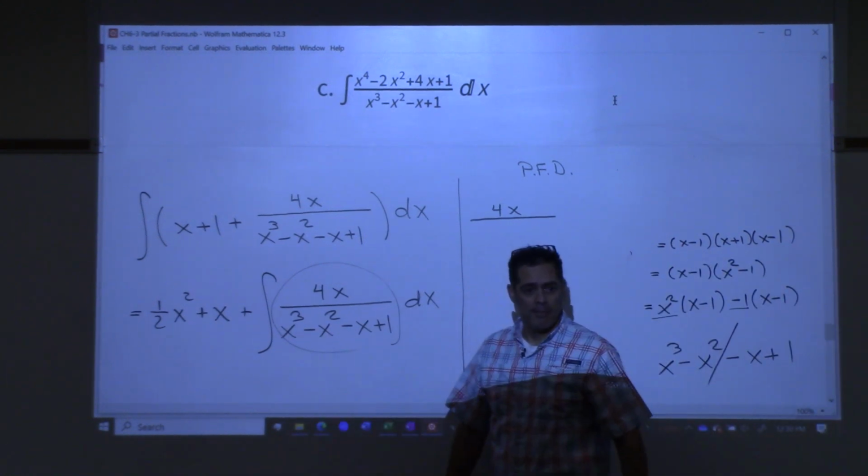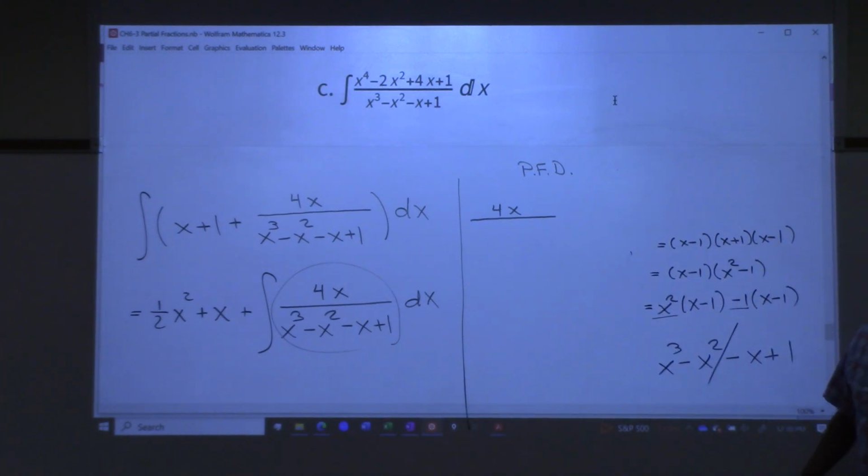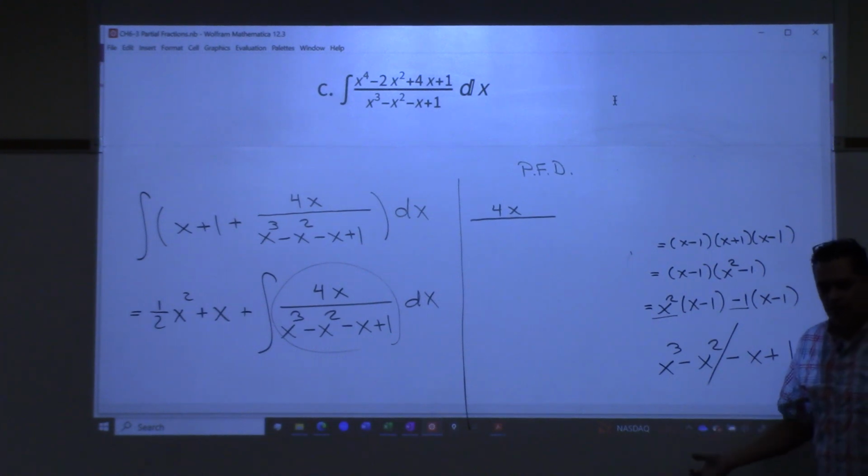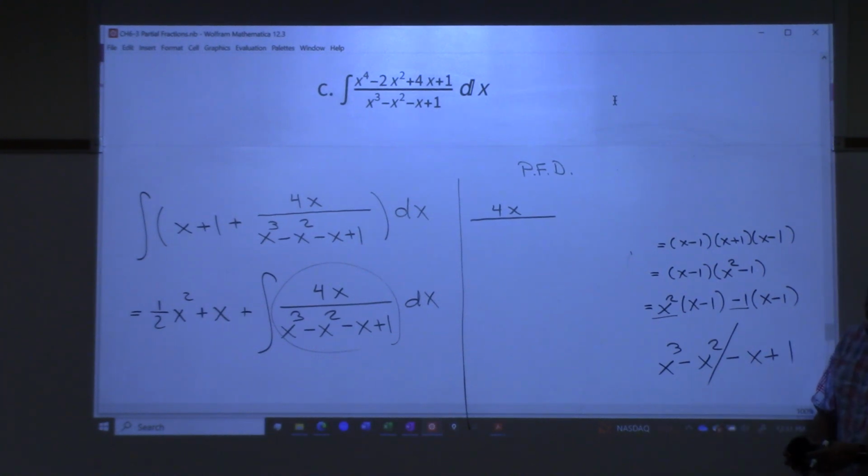If you don't see that difference of squares and just keep going, you would run into a problem, because partial fraction decomposition doesn't tell you how to handle this. It only deals with linear factors and irreducible, non-factorable quadratics. This is factorable, so the partial fraction technique assumes you've factored completely. You have to be careful.